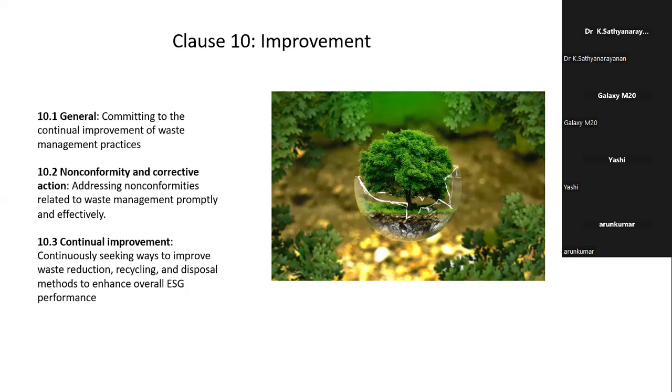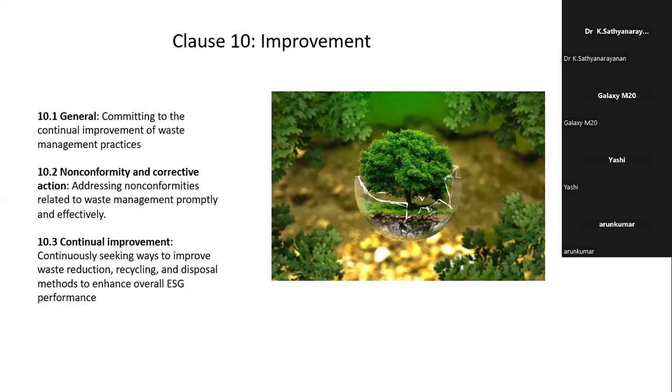If you have any non-conformance with respect to waste management, how are you going to handle it, and how are you going to effectively change your SOP, the policy, the deployed persons, the responsibilities, the monitoring systems or the measuring systems? All of these are going to be analysis factors. You are going to identify them in 10.2. 10.3 is, if everything is going well, how can I go for the next level of continual improvement with respect to waste management, maybe waste reduction, waste recycling, and waste disposal methods, to enhance the environmental pillar of ESG.